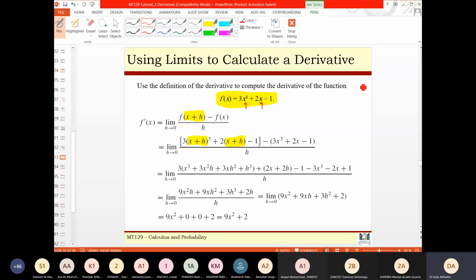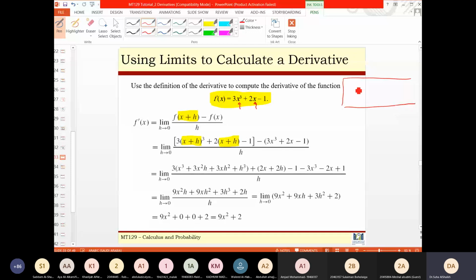I need to know how to raise to a power 3. A general rule to raise to a power 3, and you have to keep a note of these important rules: if I have in general a plus b to the power 3, it's a to the power 3 plus 3a squared b plus 3a b squared plus b to the power 3.